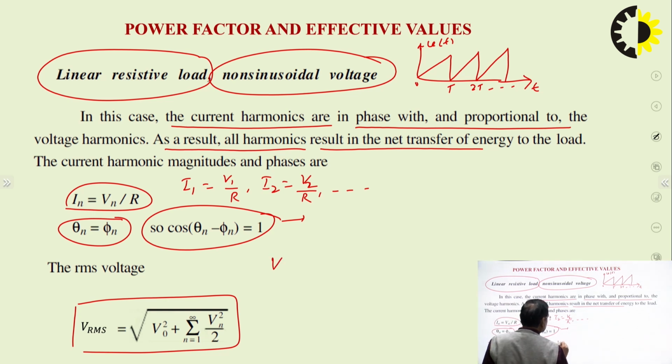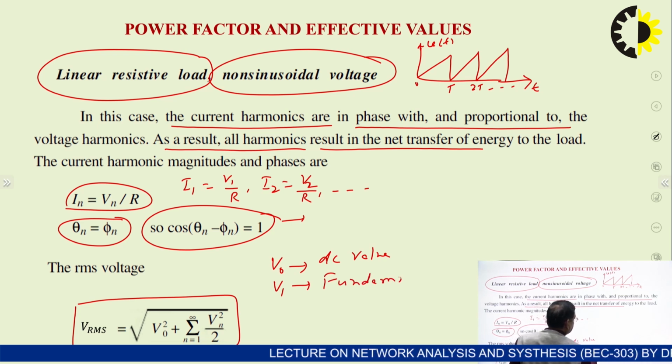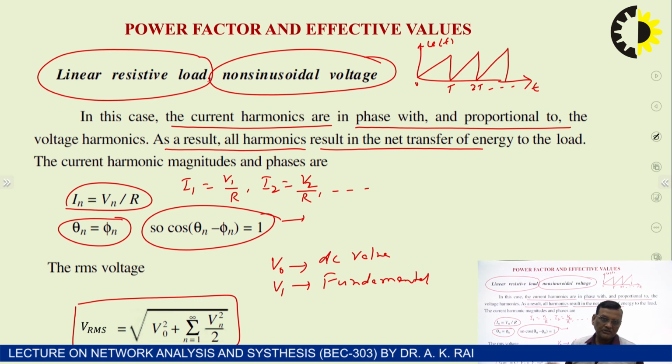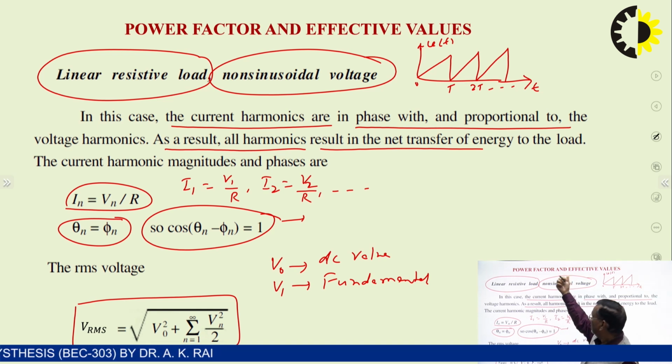V0 is the DC value, and V1 is the fundamental. n equal to 2 is the second harmonic, n equal to 3 the third harmonic and so on. So, this is the expression for VRMS or V effective in case the load is resistive and the input voltage is non-sinusoidal.